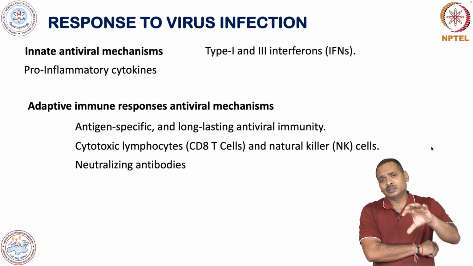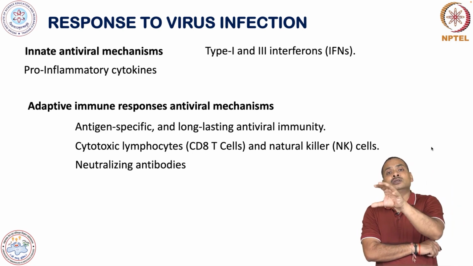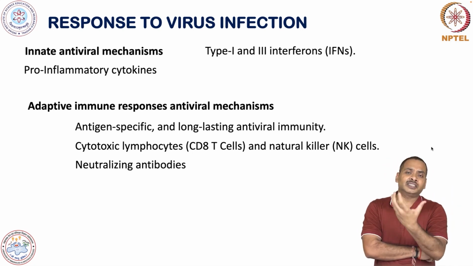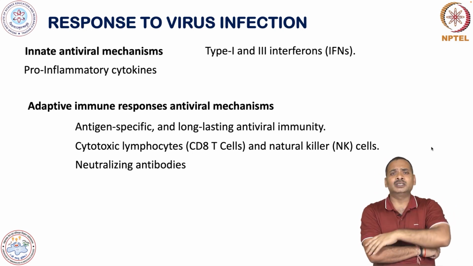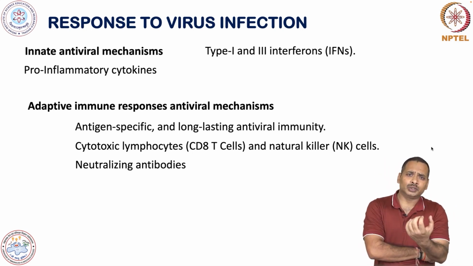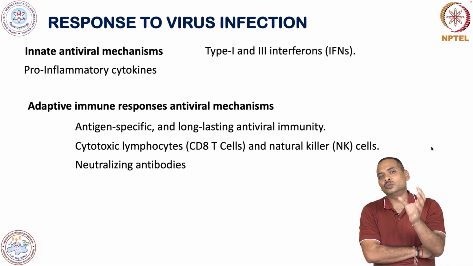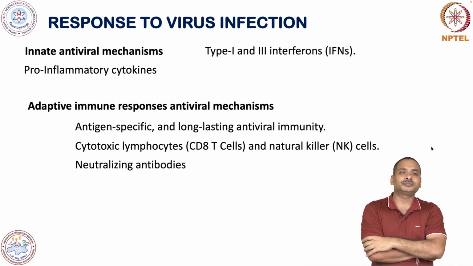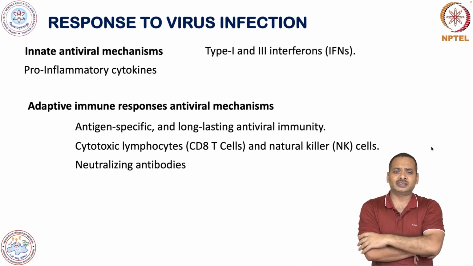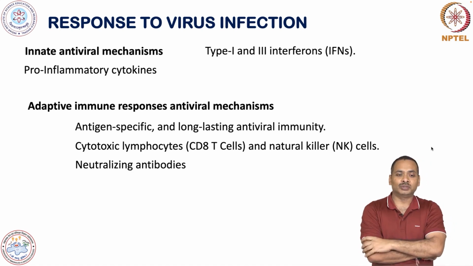They can also coat those molecules which are basically needed for attaching to the target cell. Once the antibody binds there, the virus is not able to bind to the target cell. So this is the way by which neutralizing antibody works.